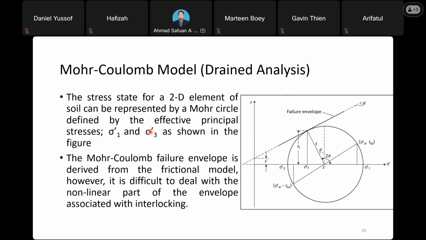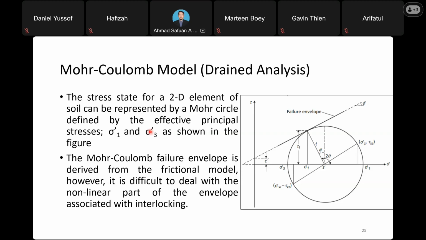Okay, then for a drained analysis, we have drained and then we have undrained. So for the drained analysis, this is the shape of the Mohr-Coulomb. Later on, I will show the shape for undrained soil.